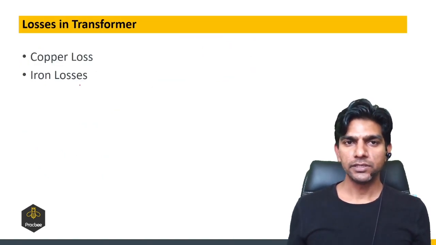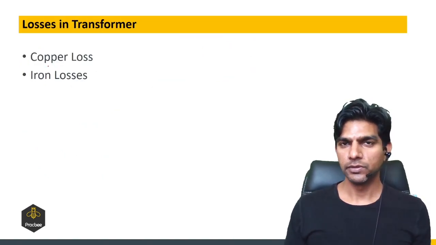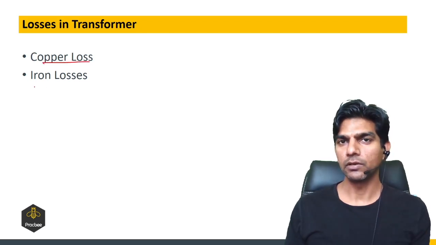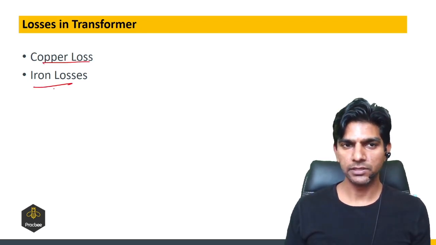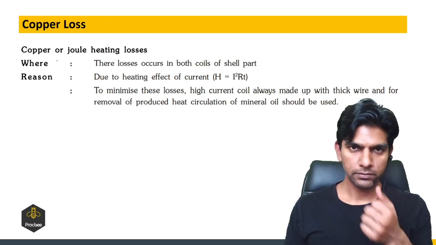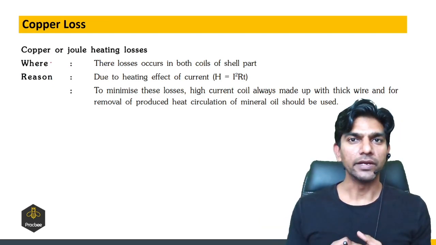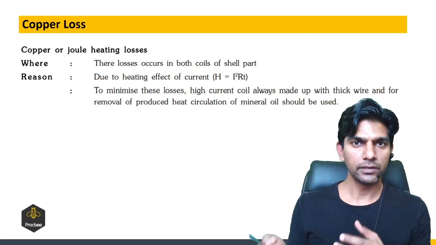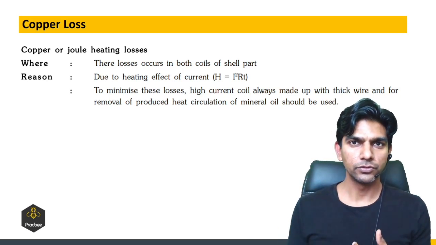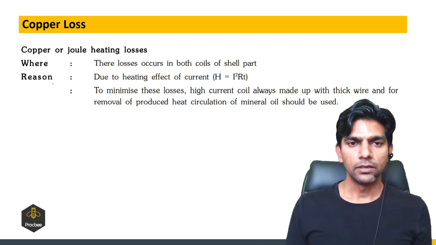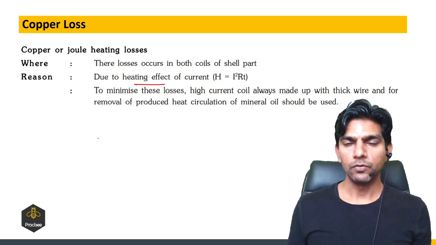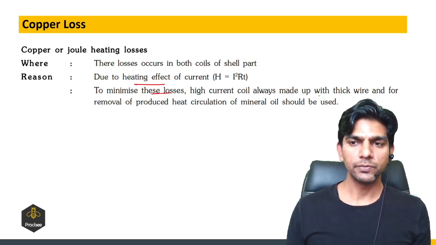Now let us see the losses in a transformer. There are many losses, but these are two major losses: copper losses and iron losses. Let us see, what is the copper loss? It is the loss in the winding, right? If there is a current in the winding, there will be some losses due to Joule's heating, right? And how can we minimize that? To minimize these losses, a higher current coil is always made up of thick wire.